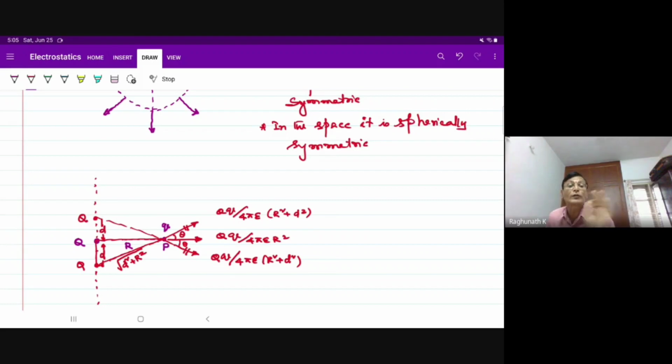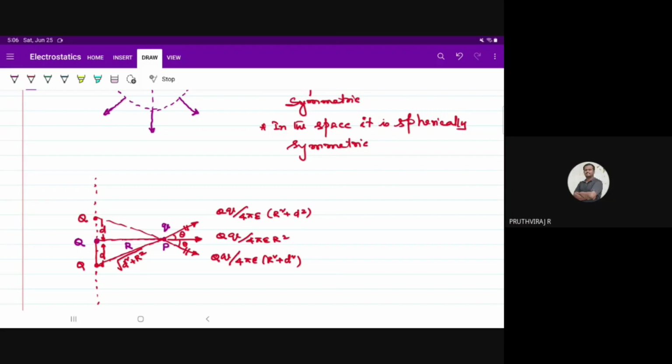Root D square plus R squared. When I write the scalar form, what is it? Distance squared. The 3/2 will come in the vector form, not in the scalar form, distance squared. Got it.